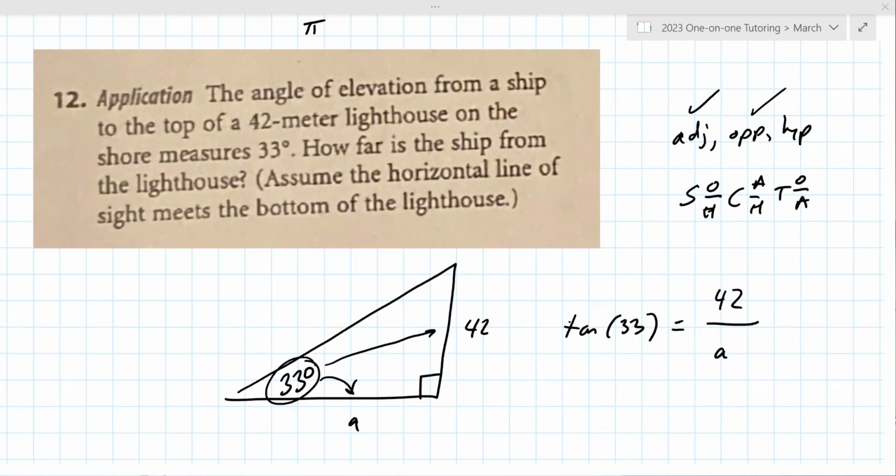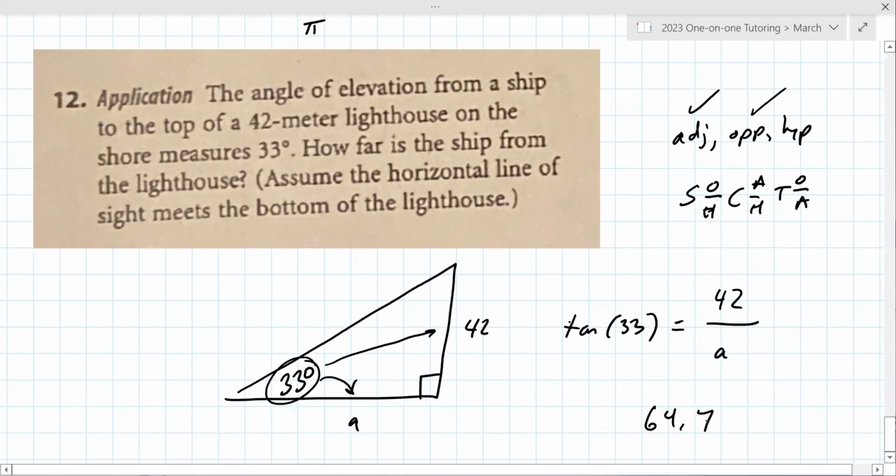42 over a equals... And then... 64.7. Pumpkins, elephants, what do we got over here?